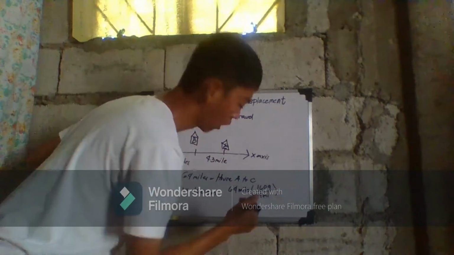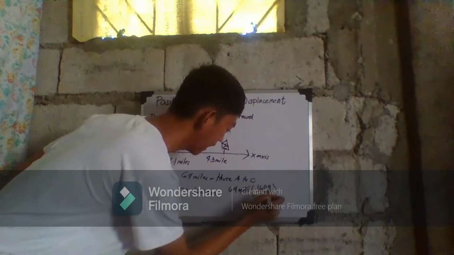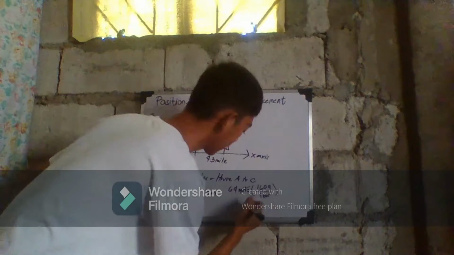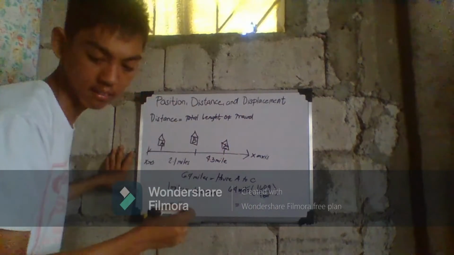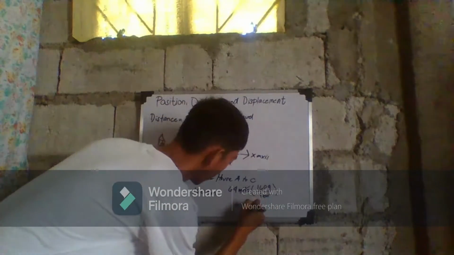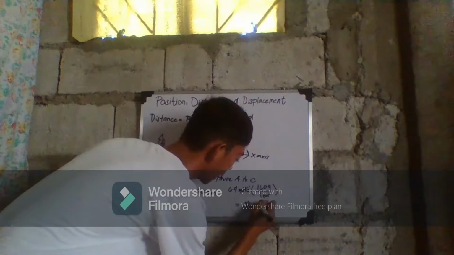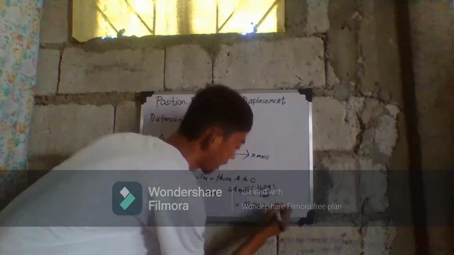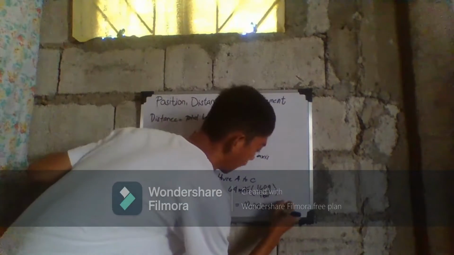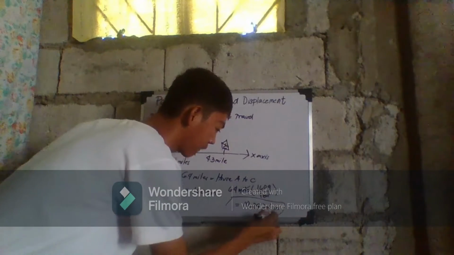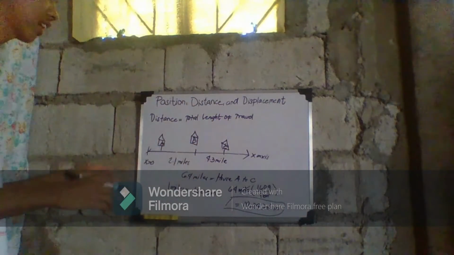We cancel the same unit, the mile. So, by calculating, our answer is 10,297.6 meters. This is the total travel from house A to house C.